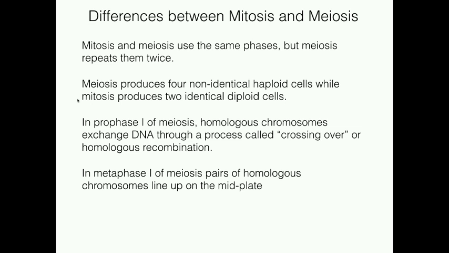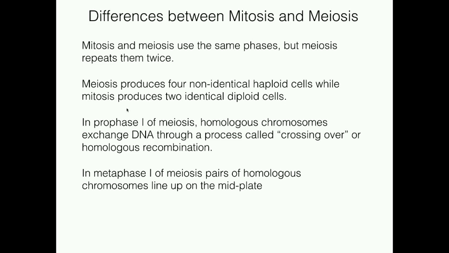Each one will have a different combination of chromosomes. Like the first cell might have chromosome 1, 2, and 4 from dad, but 3 from mom. You know, the second cell might have 1 and 2 from mom, but 3 and 4 from dad, that sort of thing.